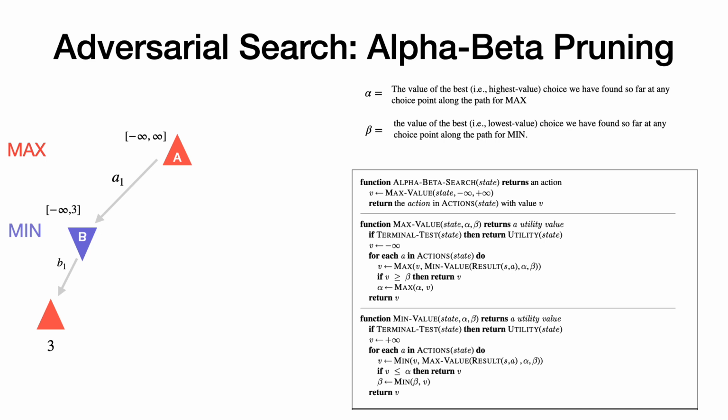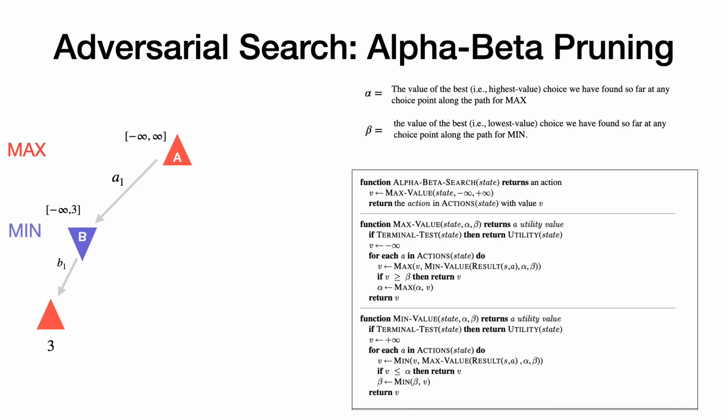Currently the terminal state is 3, and initially alpha is equal to minus infinity and beta is equal to infinity. Since there is a terminal state with 3 and the minimum value there is only 1, it can take 3.